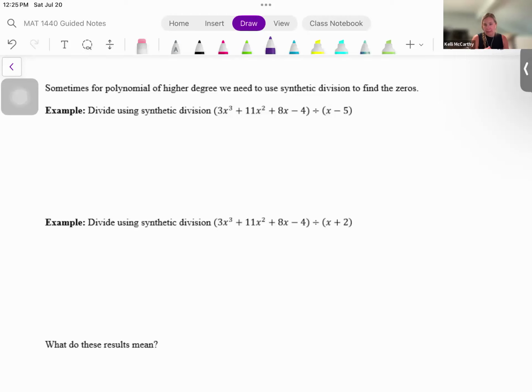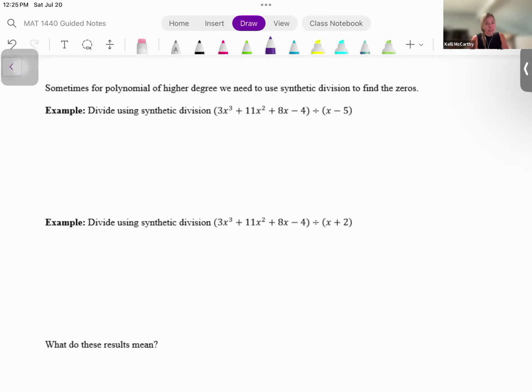by x minus 5. Now, just a quick reminder, we can use synthetic division when we're dealing with a divisor of linear form, so this x minus 5, and we really do want that coefficient on x to be 1. So it's an x plus or minus some constant.